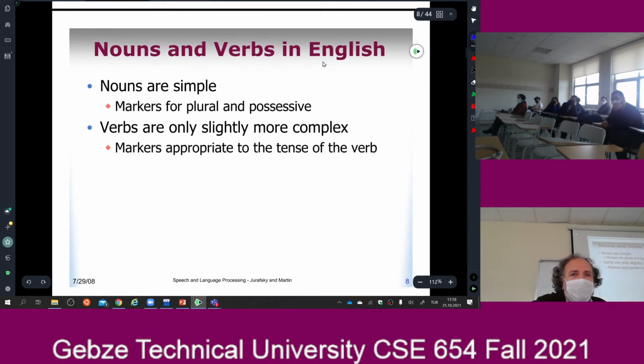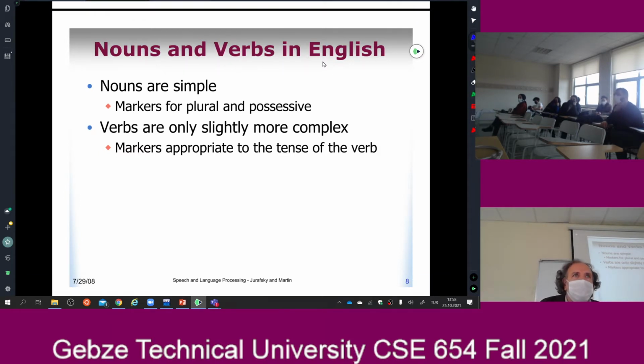With inflectional morphology, nouns are simple. Usually we use inflectional morphology with nouns in English for making something singular into a plural or possessive.